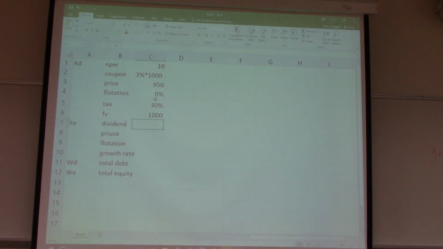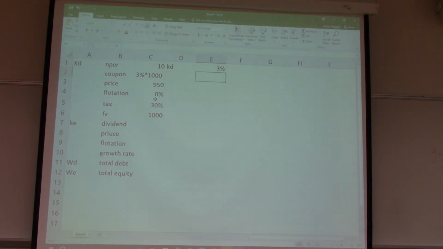So KD should equal the rate function with 10 years, 30, negative price, and so on. This is the KD, right?